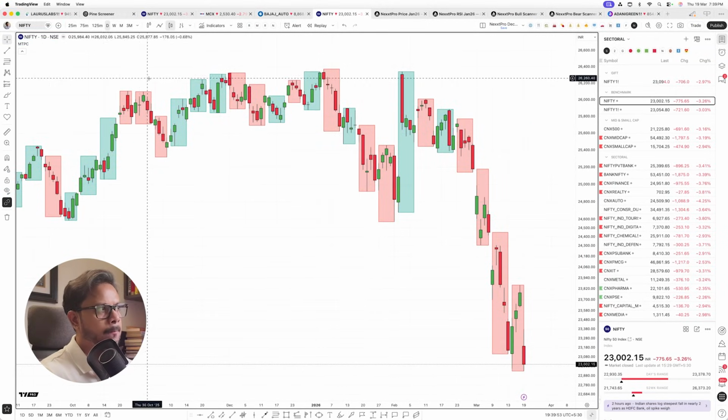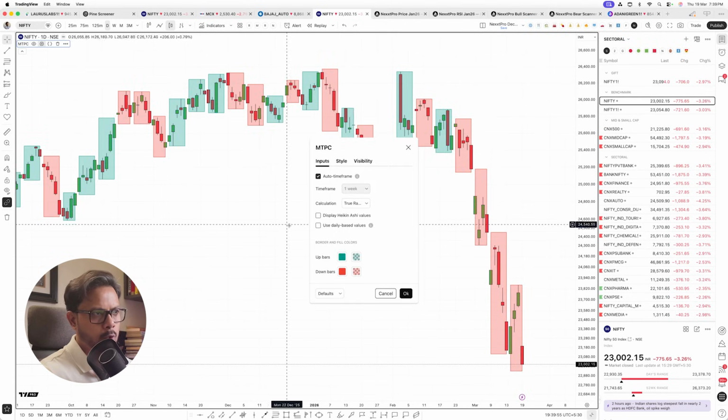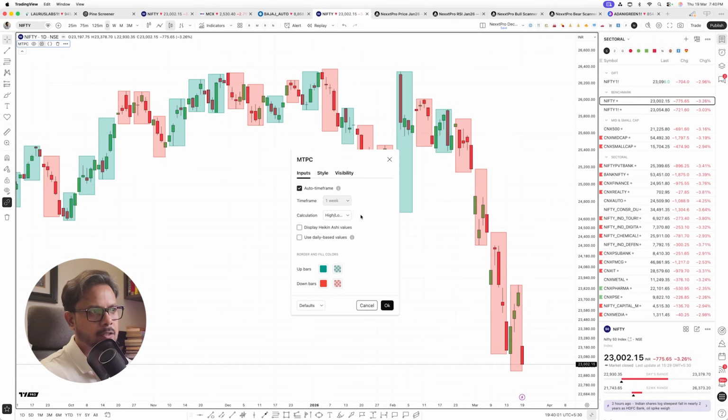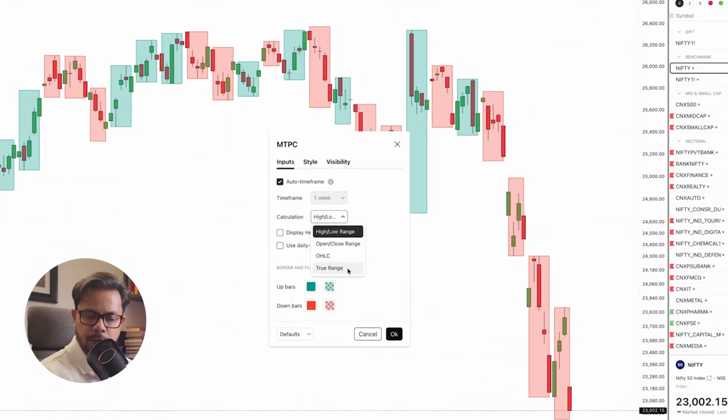But if I make it open, high, low, close, or high, low range, you will notice that once I make this change, this area, the gap will be shown. You will be able to see the gap. There you go. So you will make a choice of true range when you want to include the gap ups and the gap downs.